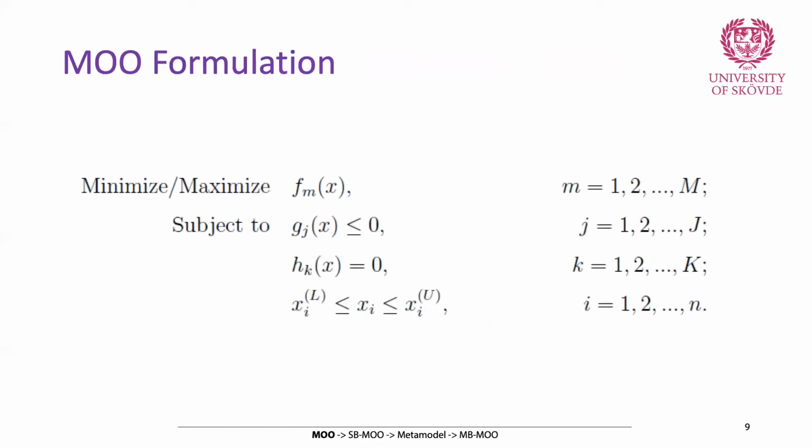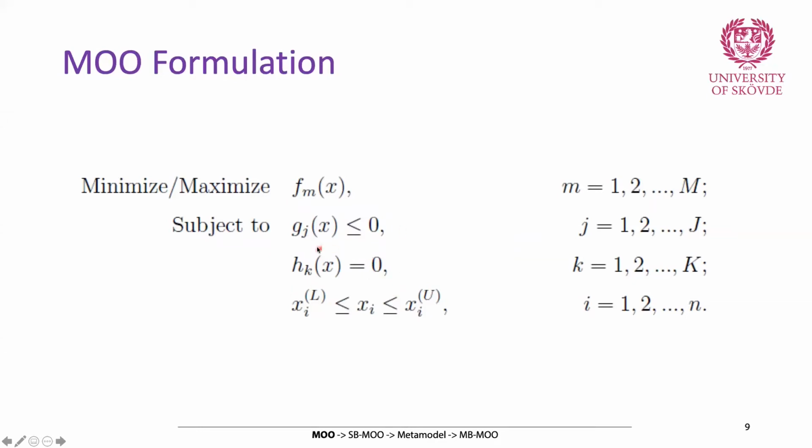So here you can see a simple formulation of a multi-objective optimization problem. As you can see here, we can have several objectives. Here we can have M objectives, and each objective can be either minimization or maximization. Along with objectives, you can have constraints. The constraints can be in the form of inequality constraints or equality constraints.